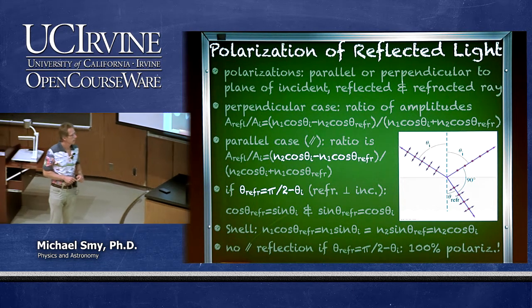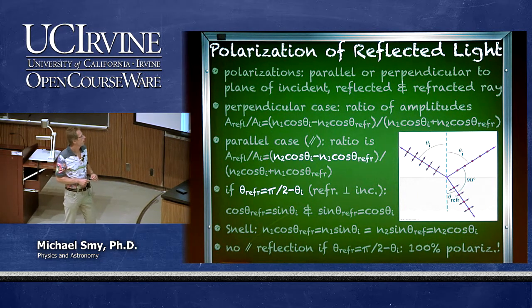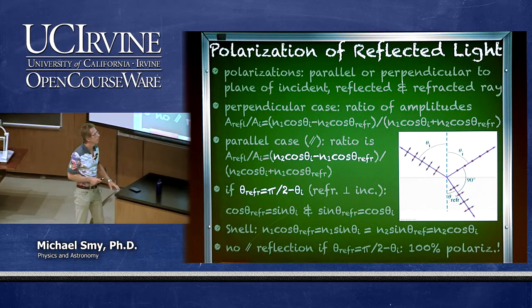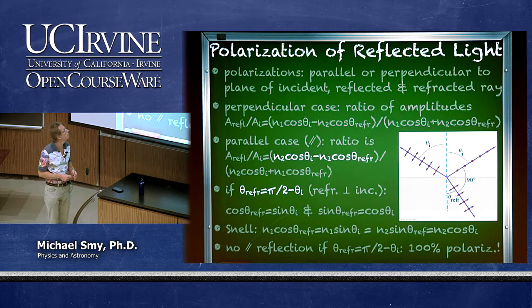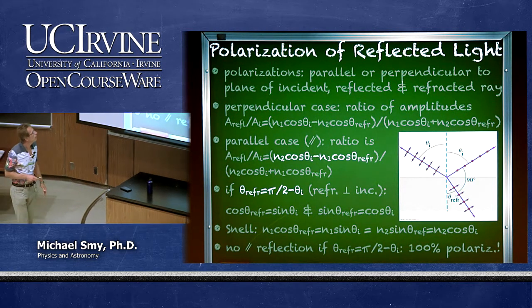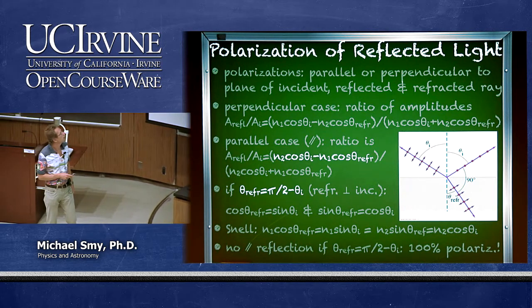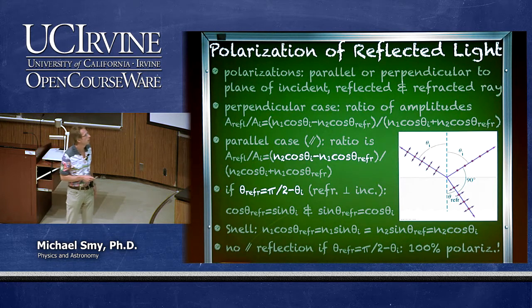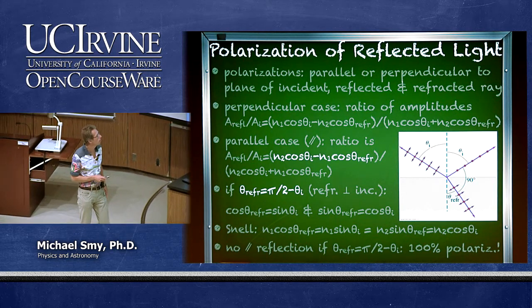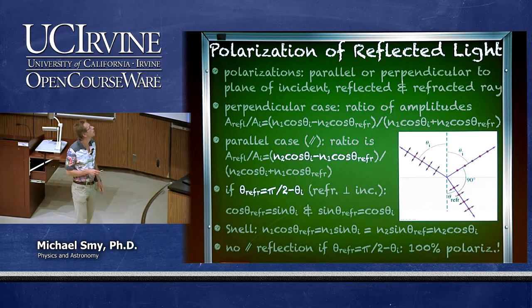So another example that we started talking about where polarization occurs is in reflected light rays. In particular, we look at the reflection of light going from air into water.